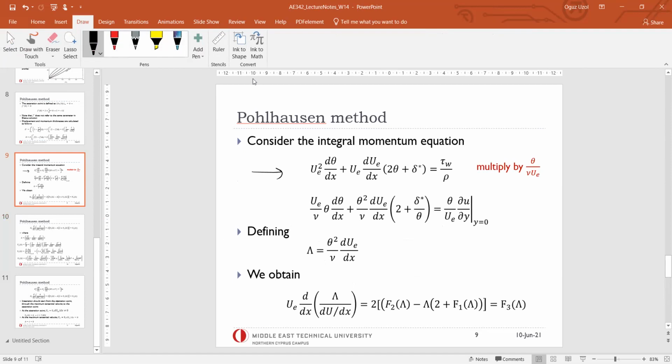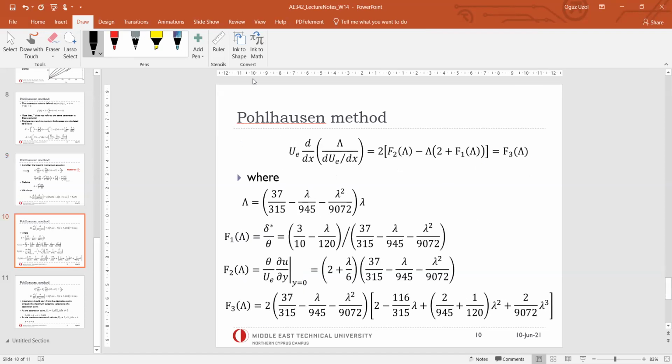This is again for a laminar boundary layer, but it can represent, of course, a flat plate boundary layer, and it can represent more than that. It can represent boundary layers over curved surfaces as well. Since the velocity approximation is a more generalized function, we can do that.